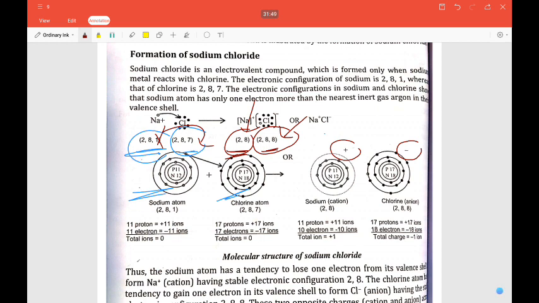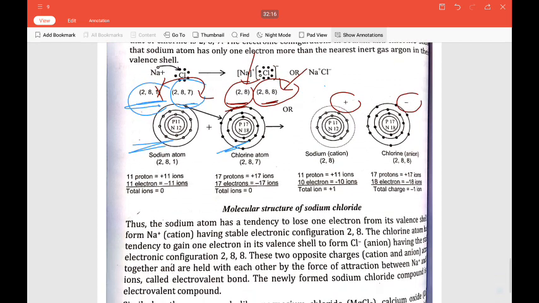Dear students, what is the difference between atom and ion? Can you say? An atom is chargeless, it has no charge. An ion is charged, it contains either positive charge or negative charge. This is one example of electrovalent compound, sodium chloride.